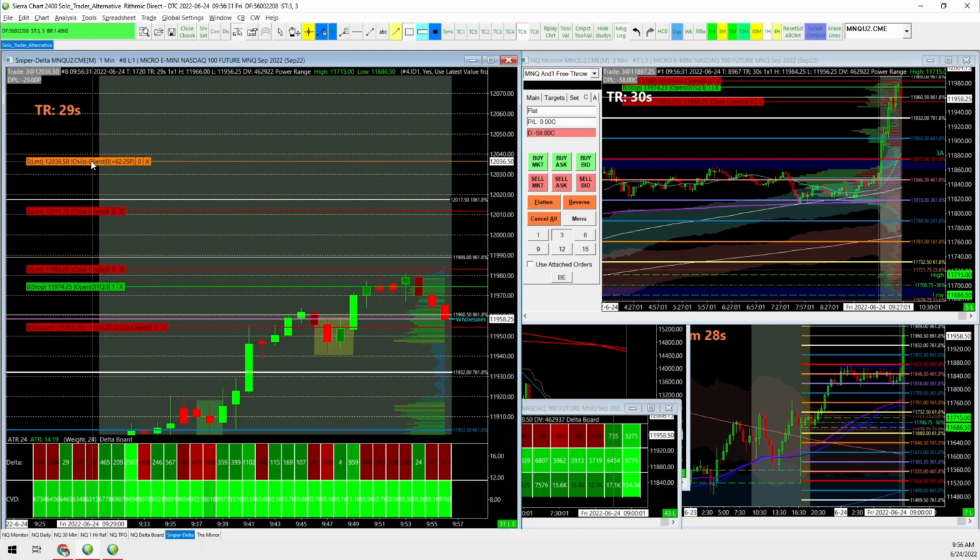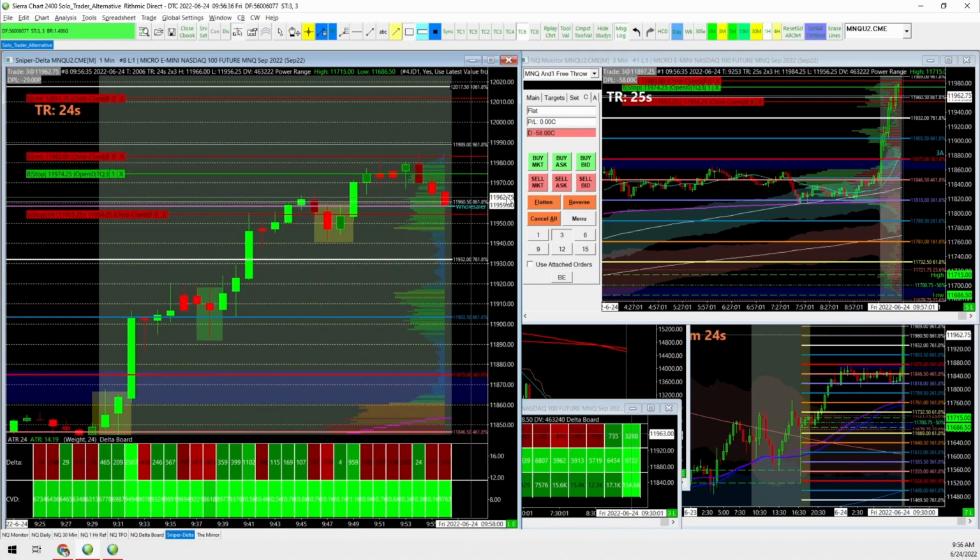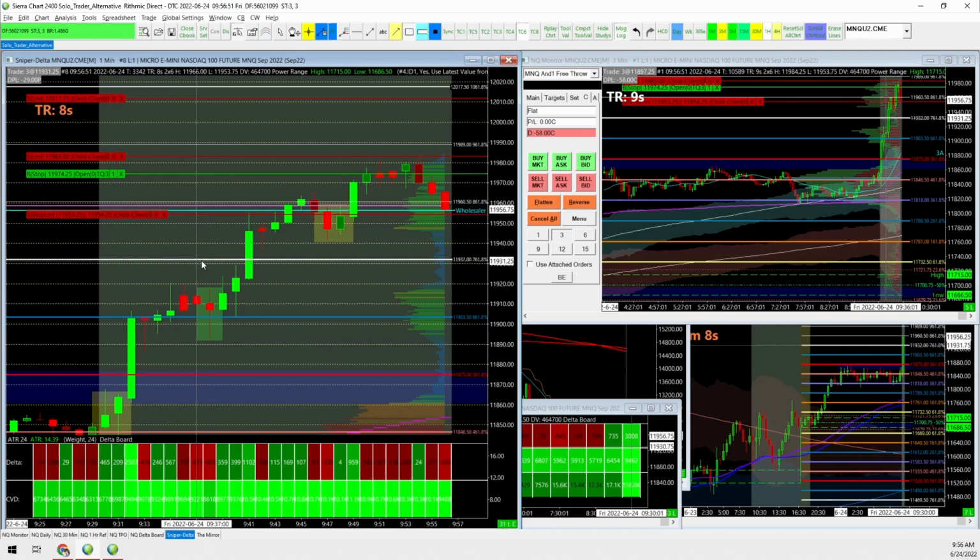So let me put this here. And depending on if I get a fill here, I will more than likely have to make adjustments to my targets anyway.